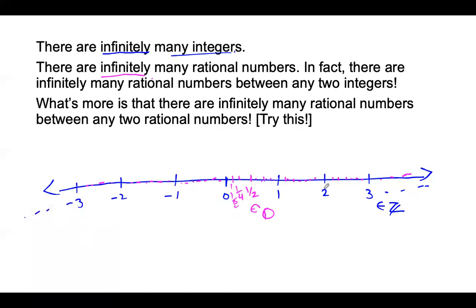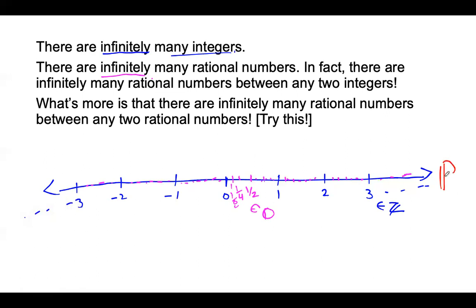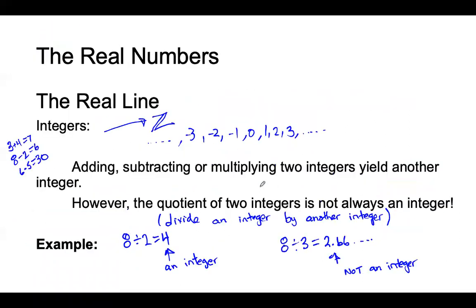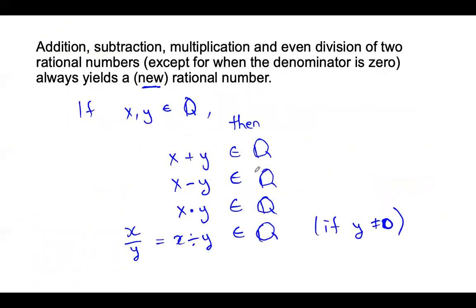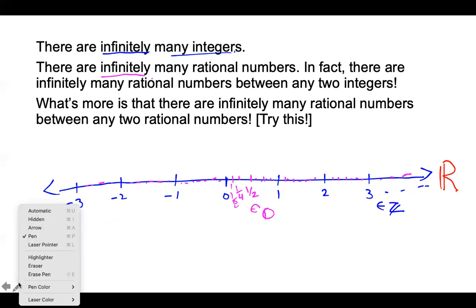We have the integers, and we know the whole real line is also the real number line, R. So that's all the numbers, because our topic here is the real numbers. I'm talking about all the numbers. Now between the integers and the rational numbers, there's this thing called the irrational numbers.